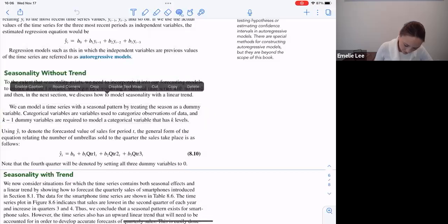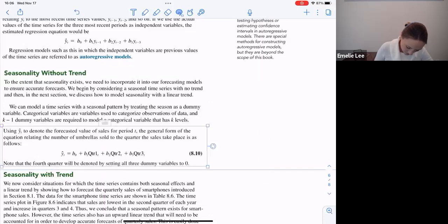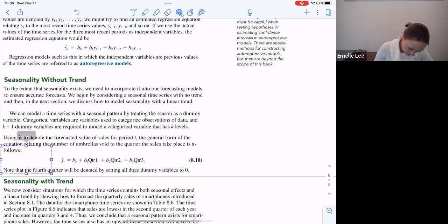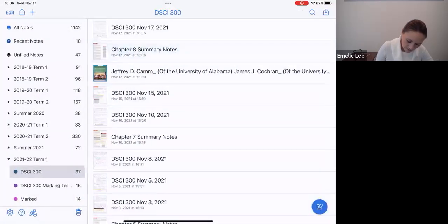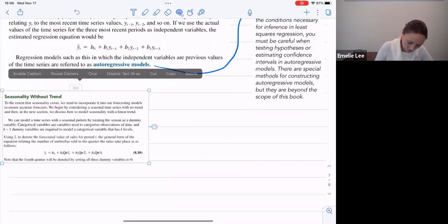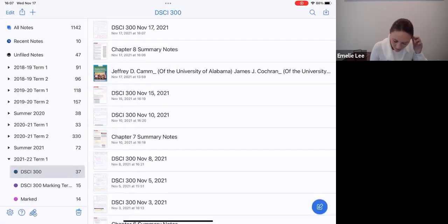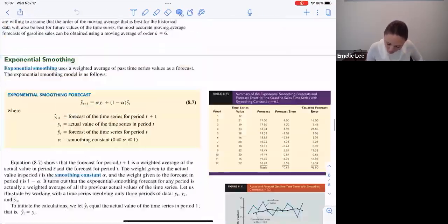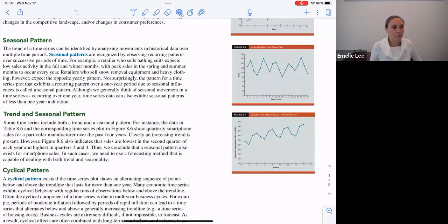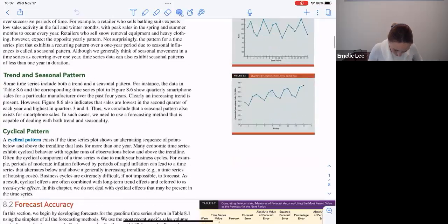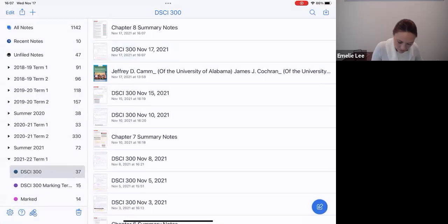So if you have seasonality, seasonality without trend, we'll start there. I'll grab the graph from the beginning where we introduced the shapes, right?